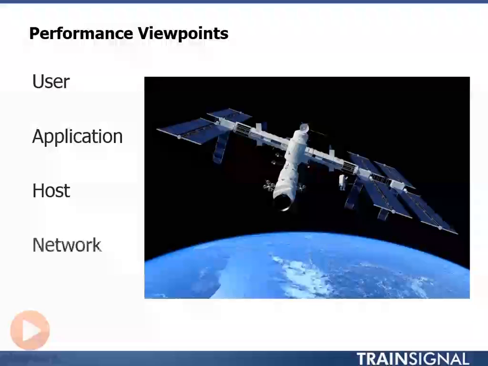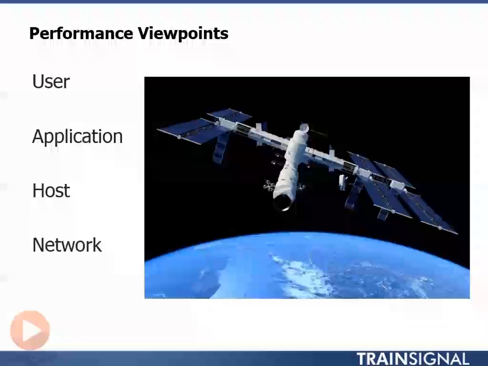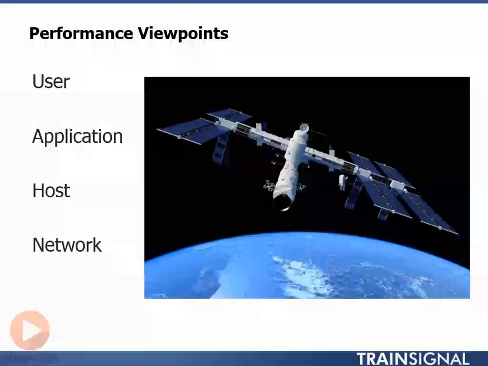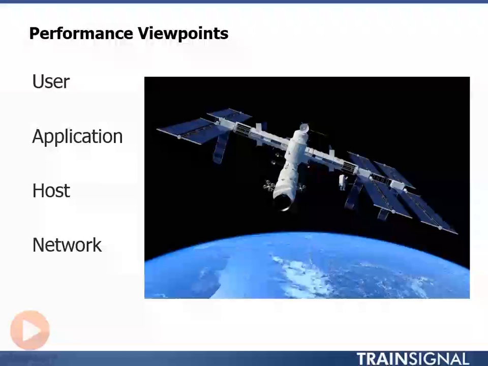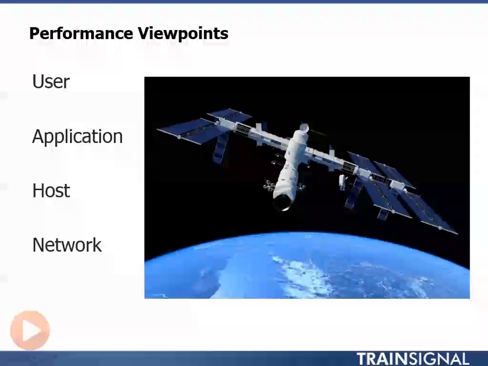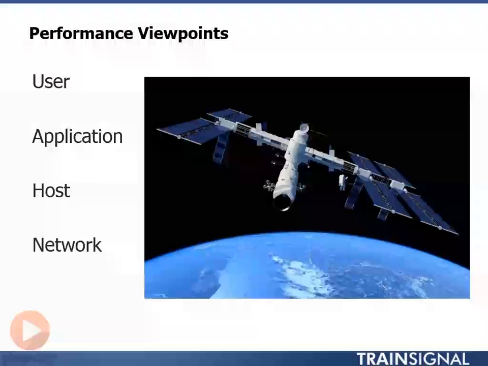Then there's the network, be it a Fibre Channel SAN or Ethernet. The network is obviously the string that connects the hosts and the storage, and it can be a potential cause of performance-related problems. However, the network, like the others, doesn't give detail of anything other than itself, so the network doesn't give detail about the application or the storage array.